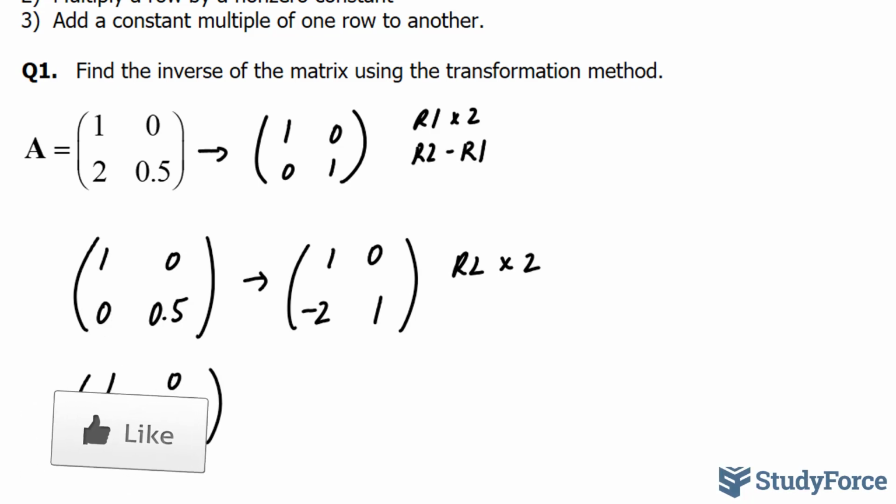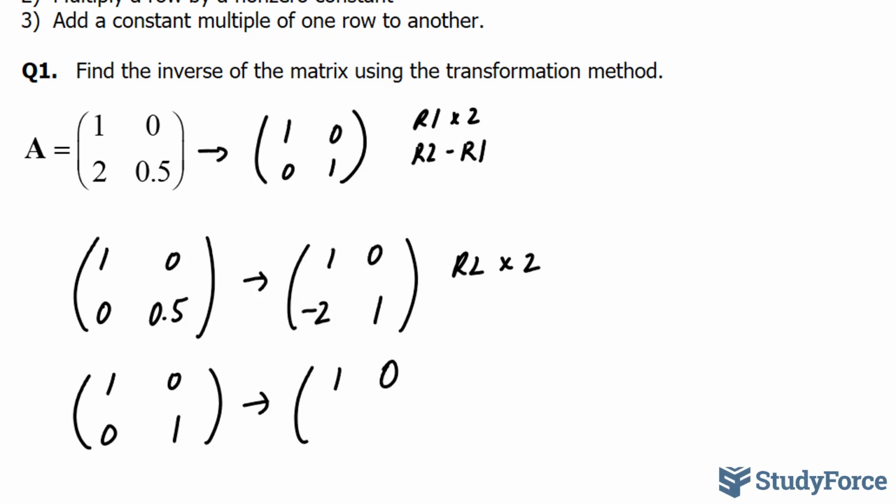This becomes 0. 0 times 2 is 0. 0.5 times 2 is 1. The top part remains the same here. Negative 2 times 2 is negative 4. And 1 times 2 is 2. This right here is the inverse matrix of A.